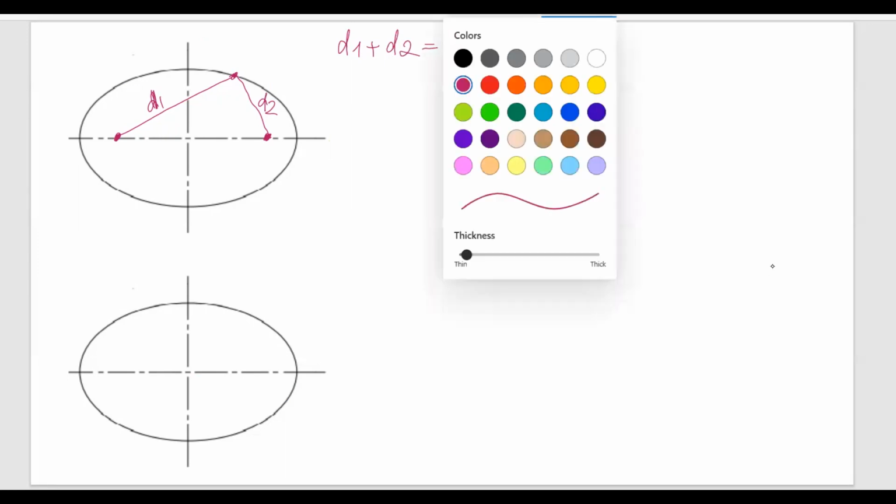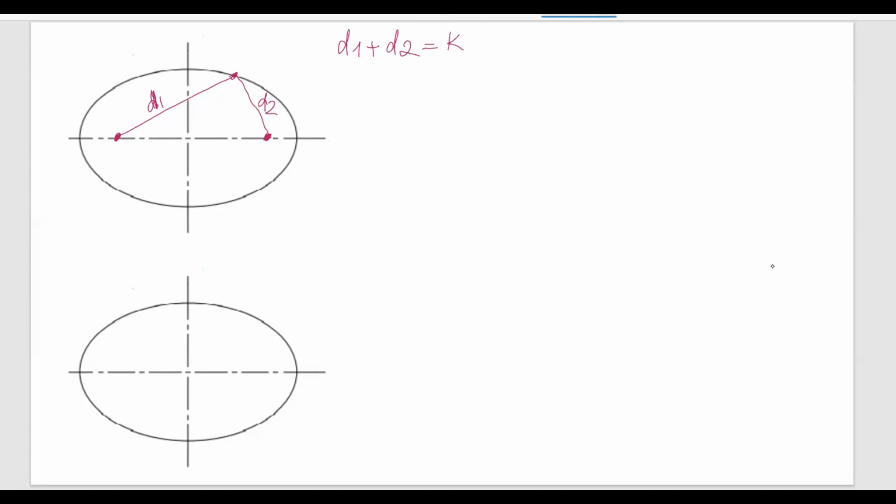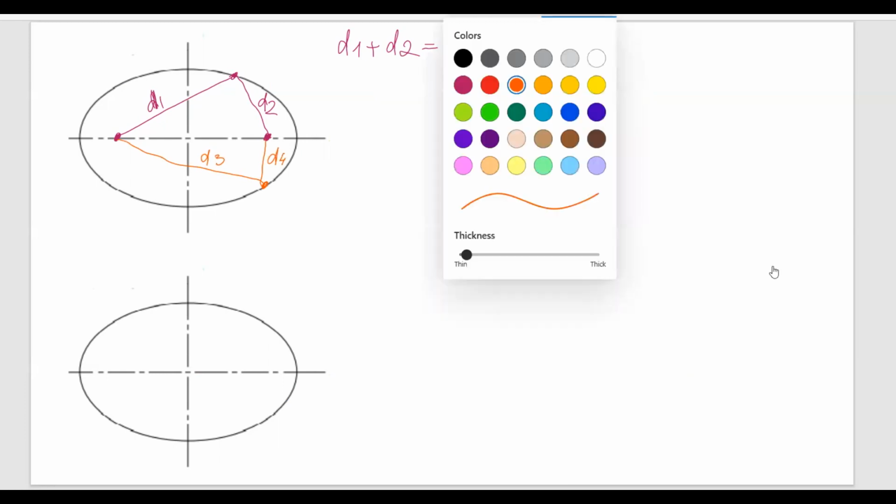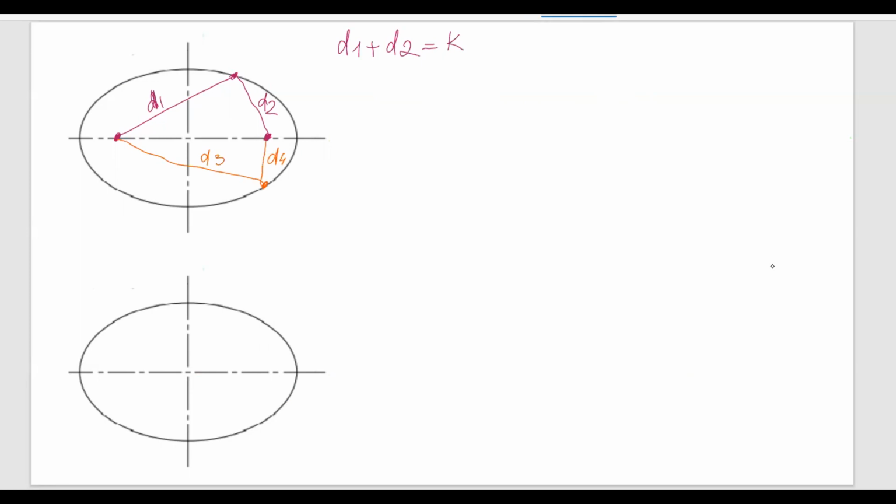What I mean by that is, let's say I take any other point on the ellipse. Let's say I take this point over here, and I do the same thing. Let's say this is D3, D4. And just for the sake of it, I will take another point because I really want to prove my point here.